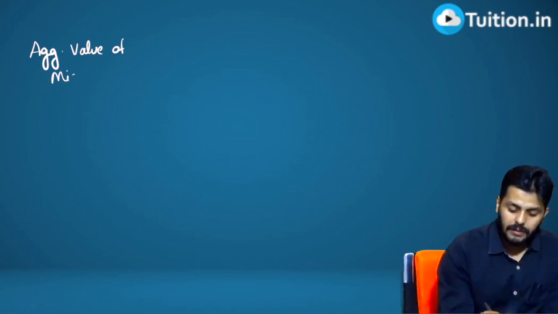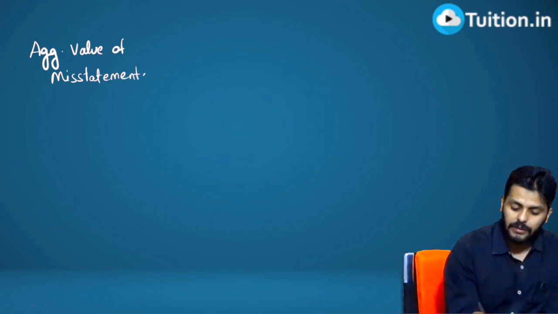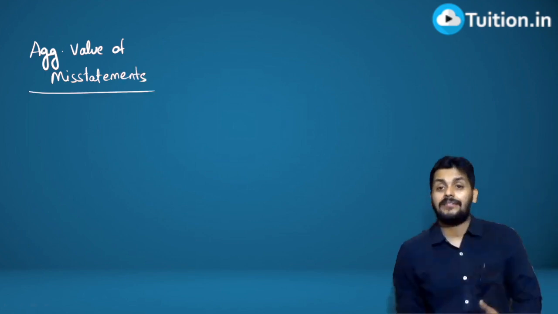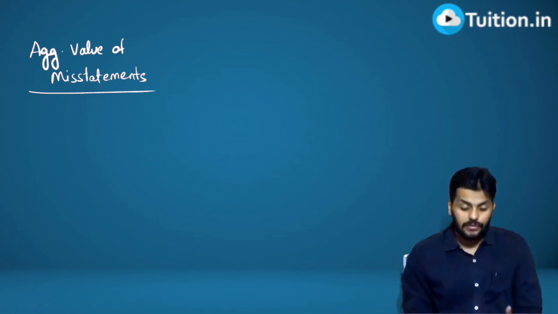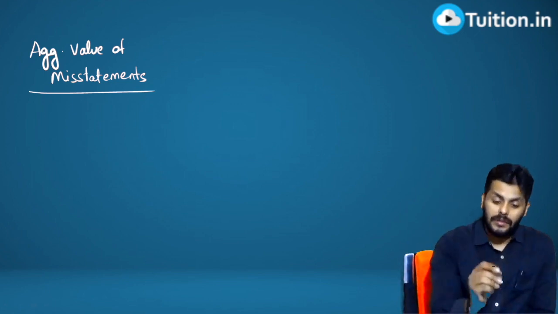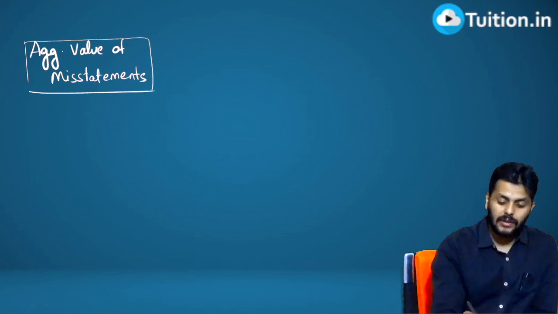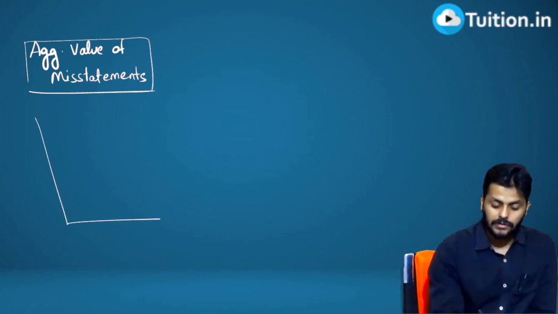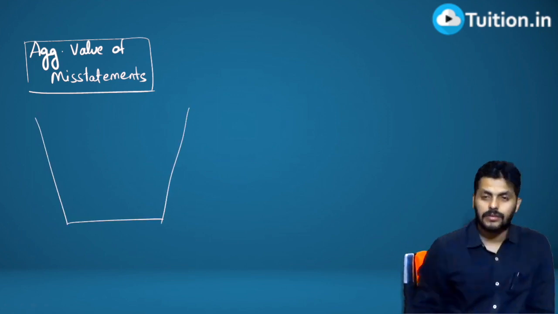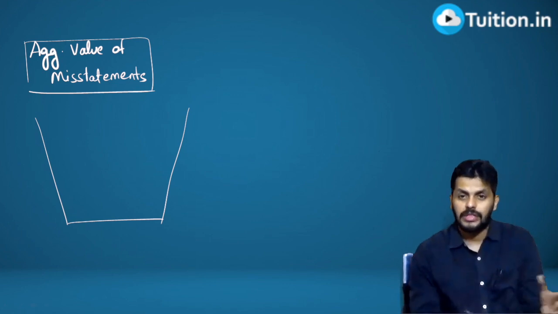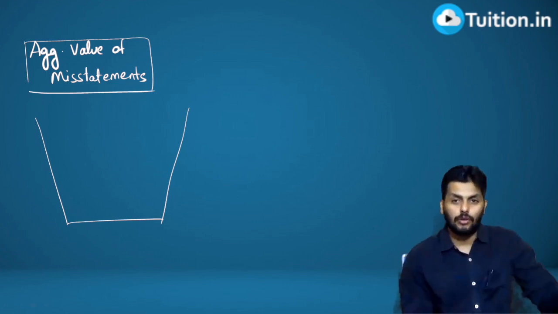Now guys, this term aggregate value of misstatements, you've heard it as aggregate value of uncorrected and undetected misstatements, right? This is a basket of three things. When you find a misstatement, throw it in the basket.